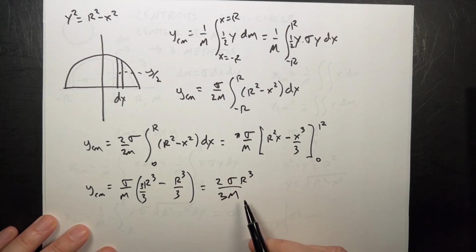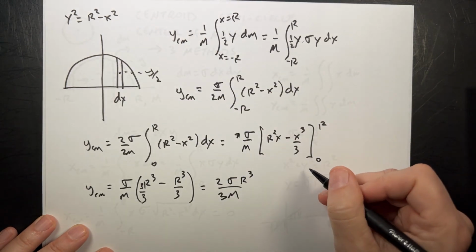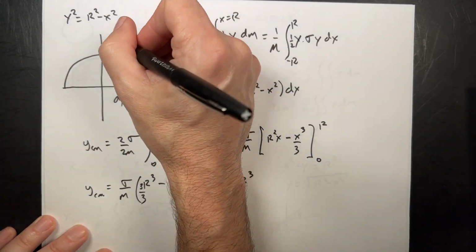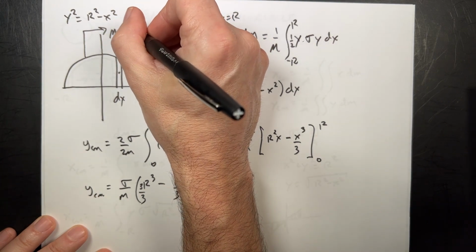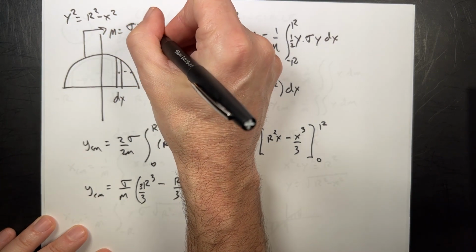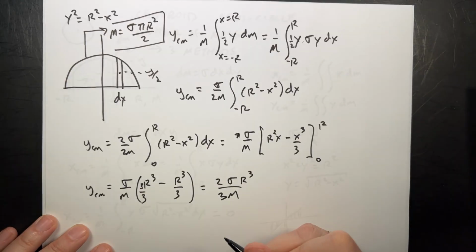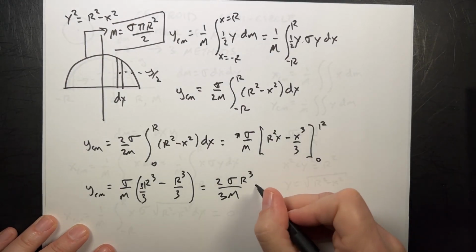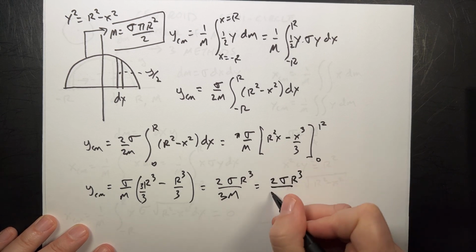Now let's put in our value for m. So if this is half of a circle, then the mass is just going to be sigma times pi r squared, all of that over 2. It's half of the total mass of a circle. So if I put that in, I get 2 sigma r cubed over 3.